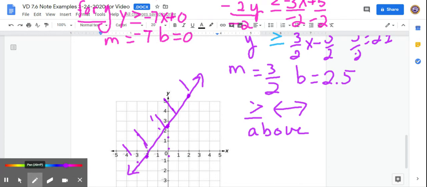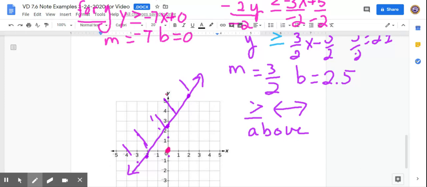Now I'm going to draw the first line that we did. B is 0. So we go to the origin. And our slope is negative 7. Okay. I'm going to go up 7 and left 1.